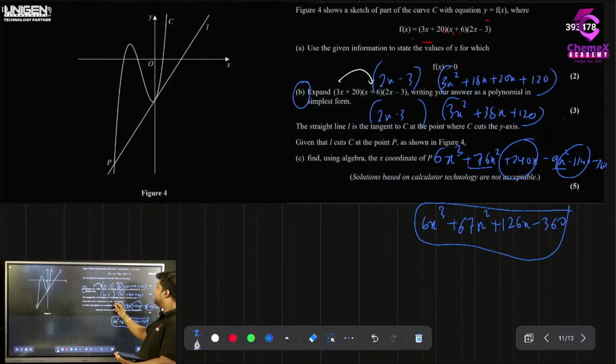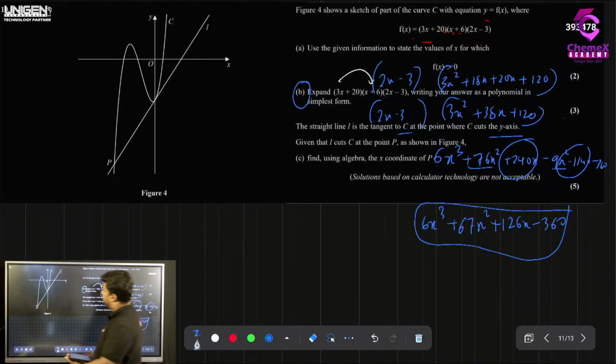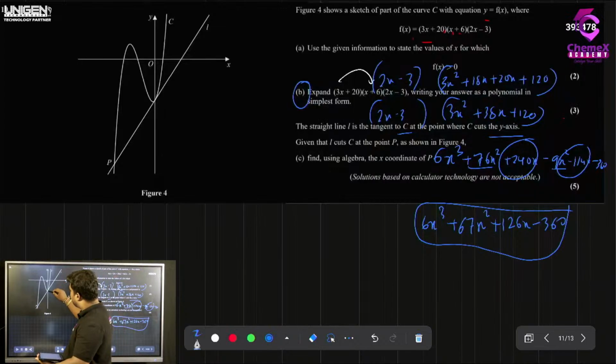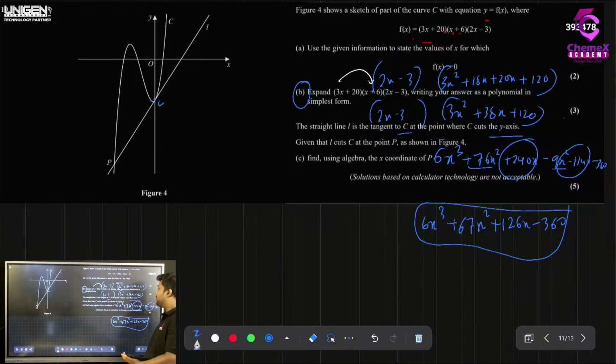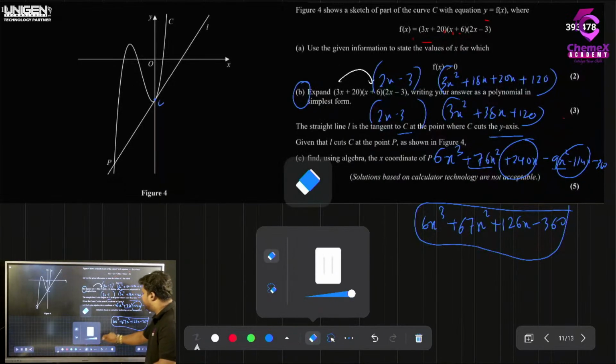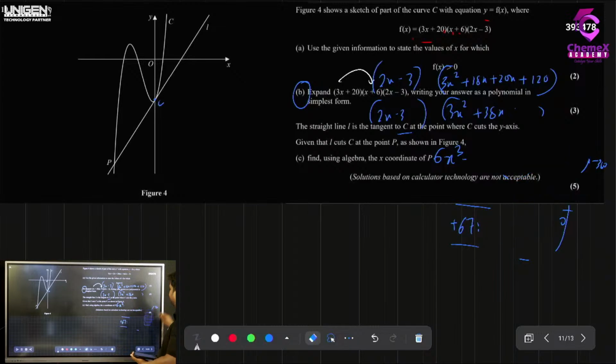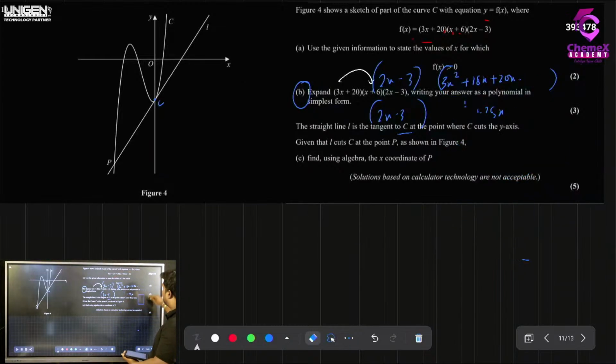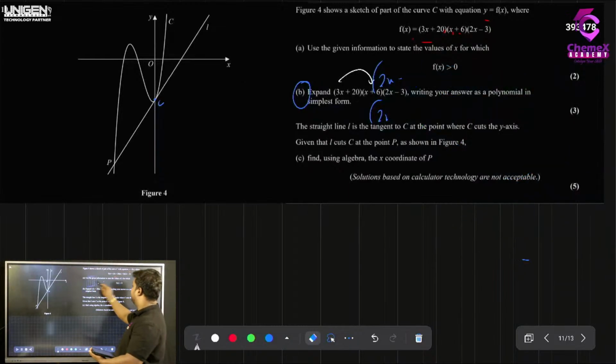The straight line L is a tangent to C at point C, where C cuts the y-axis. Given that L cuts the curve at a point P shown in figure 4, using algebra, find the x coordinate of P. So you have to find the x coordinate of P. The curve equation is given.